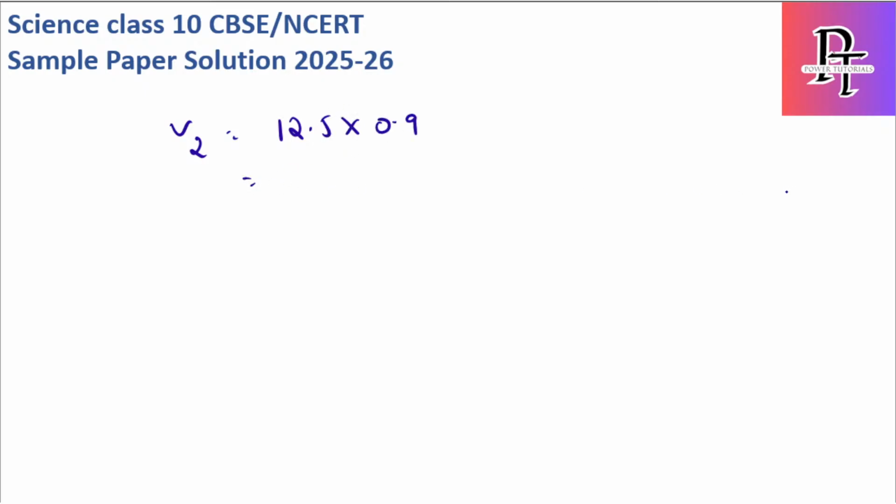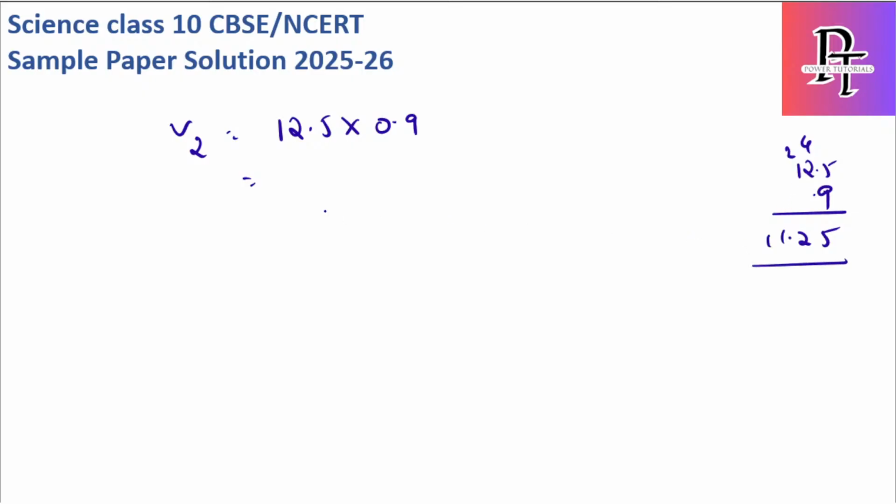So let's multiply: 125 into 9, 5 9s are 45, 4 and 2 are 18, 22, and 1 is 9, 10, 11.